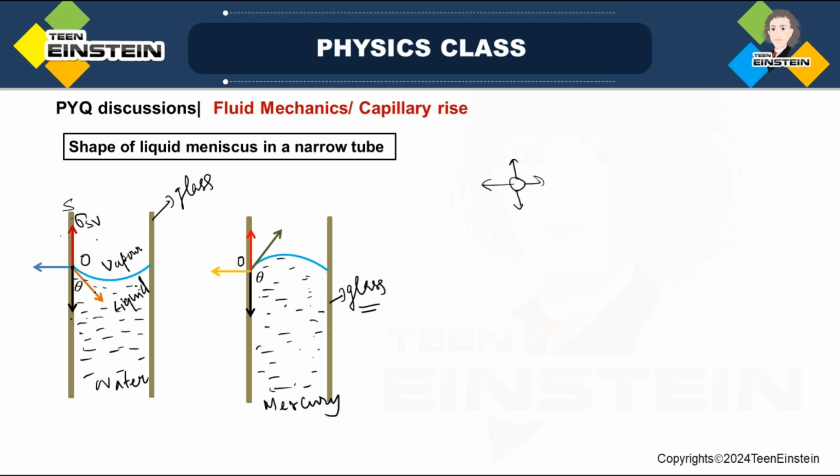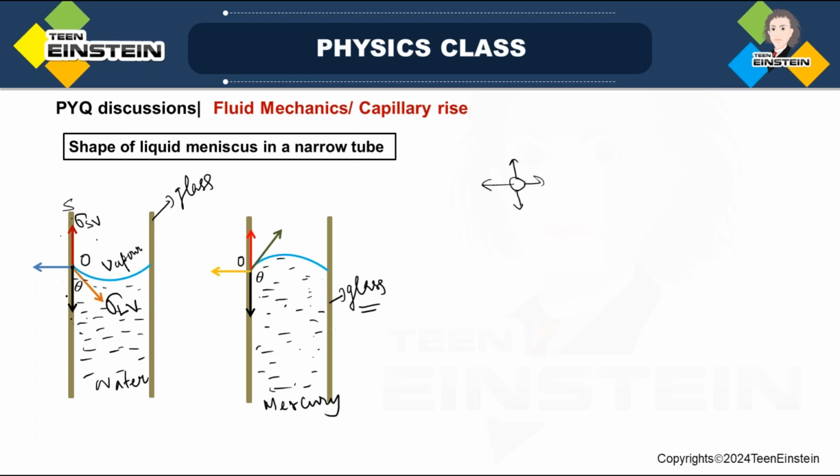And this is the force between the liquid and vapor interface. At the interface of liquid and vapor, this is also surface tension. Actually, these are surface tensions. This is liquid and vapor, which is making an angle theta with the solid inside the liquid, that you can see.